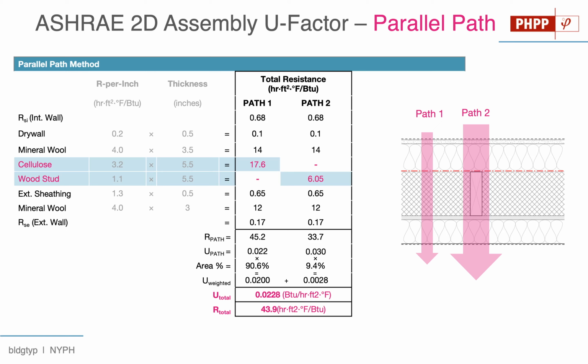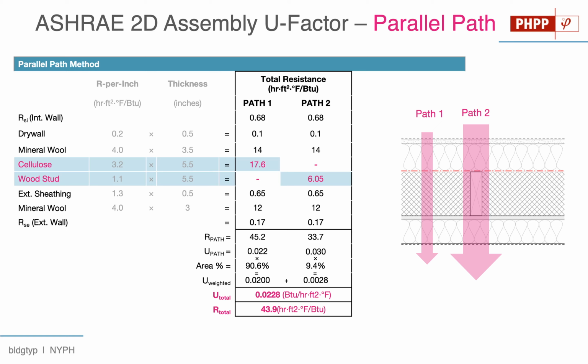You could draw an elevation of the building and count the surface areas, or you can do it mathematically. Somehow you just want to figure out how much is made of pathway 2 and how much is made of pathway 1. And you can see when we do that, what we end up with is a weighted U value. So the weighted U value for pathway 1 is 0.02, and the weighted U value of pathway 2 is 0.0028.